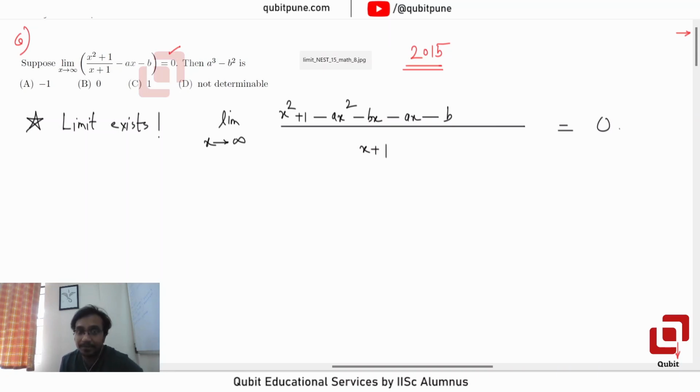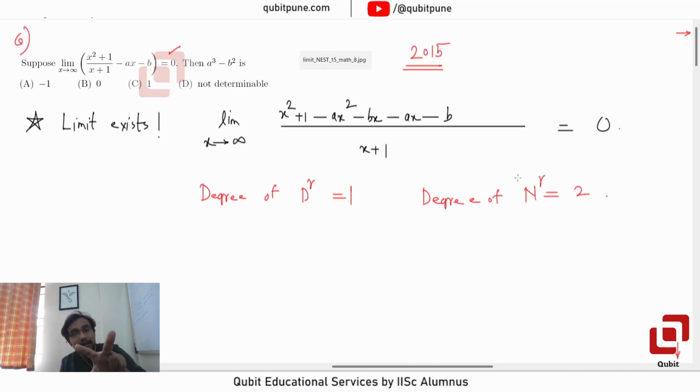Now observe: degree of denominator 1, degree of numerator 2.